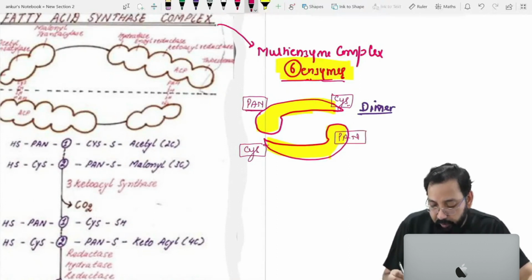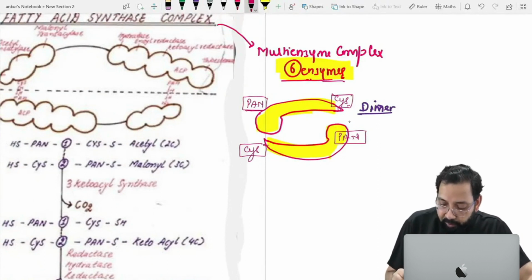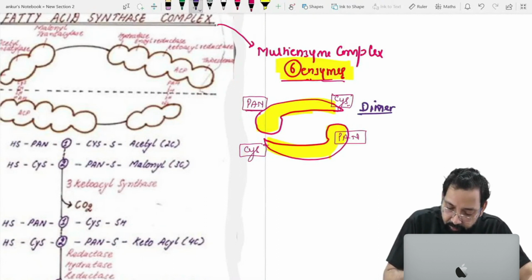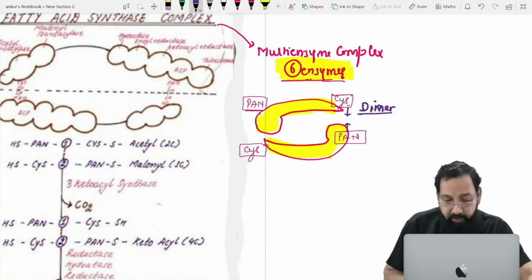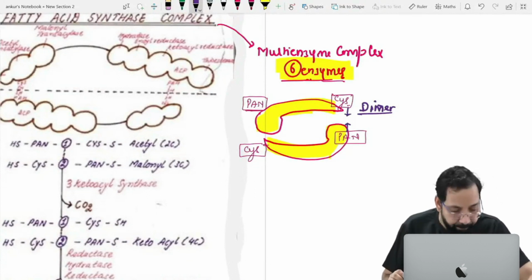So in these two subunits, the cysteine end of one is against the pan end of another, and both have sulfur. That's why they form a disulfide bond.